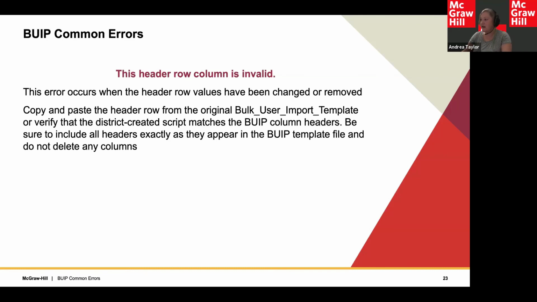This error occurs when the header row values have been changed or removed. Just like with one roster values, you will want to keep the original BUIP column headers. And if one does get changed or removed, you will need to change it back to the original. Also, do not delete any columns in your file, even if they aren't required and you aren't using them, simply leave them blank.